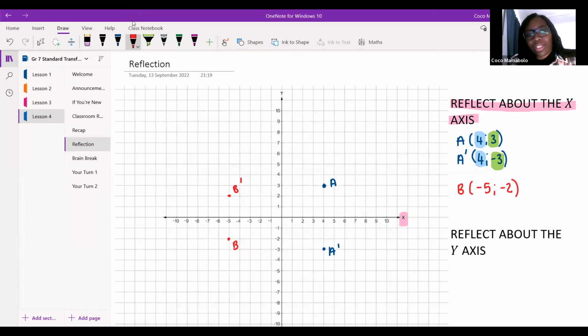That's the coordinates for B. Now, guys, give me the coordinates for B prime. Good. -5 and 2. Asavella, tell me, what do we see that's the same and what do we see that's different?